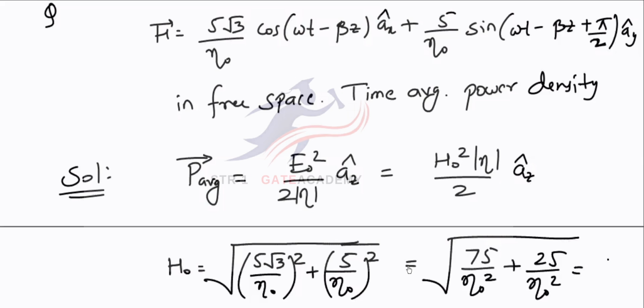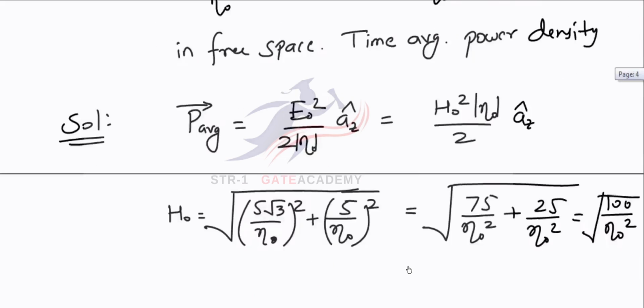So this comes out to be 100 divided by eta naught square. Now since it is free space, I'll make it eta naught. Eta naught is 120 pi ohms.